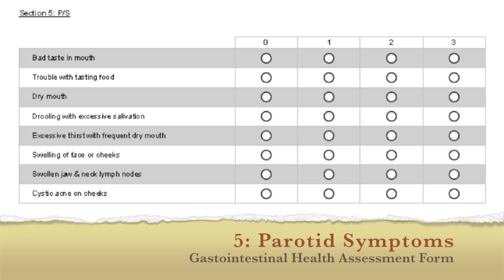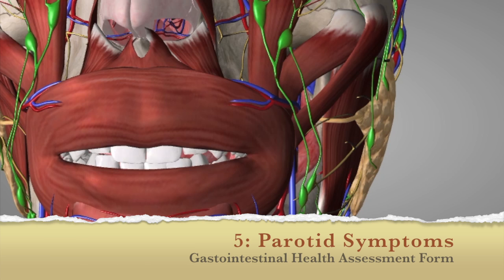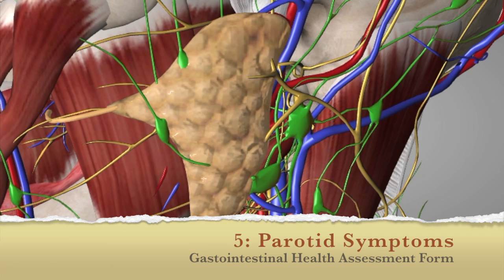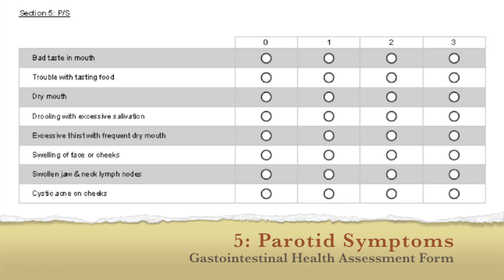Section 5. Parotid symptoms. There are two large salivary glands. You have one in front of and just below each ear. Parotitis is inflammation of the parotid glands. The parotid glands, with the parotid ducts emanating into the cheeks, supply a fluid containing digestive chemistry.